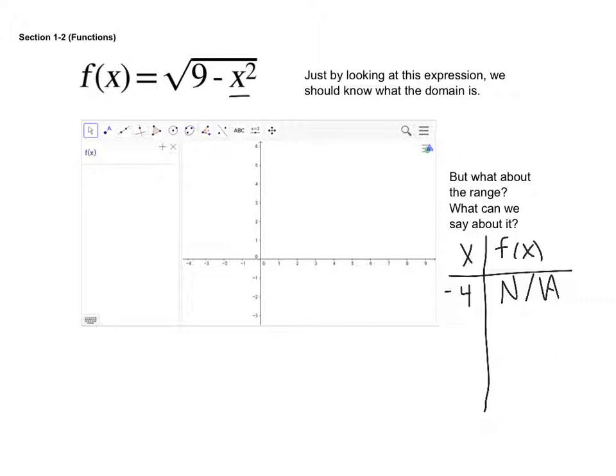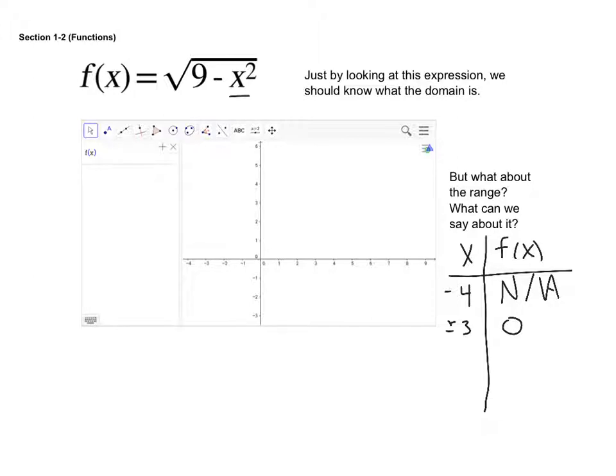But when x is negative 3, or when it's positive 3 for that matter, so plus or minus 3, x squared would be 9, 9 minus 9 is 0, and the square root of 0 is 0. So I get that.